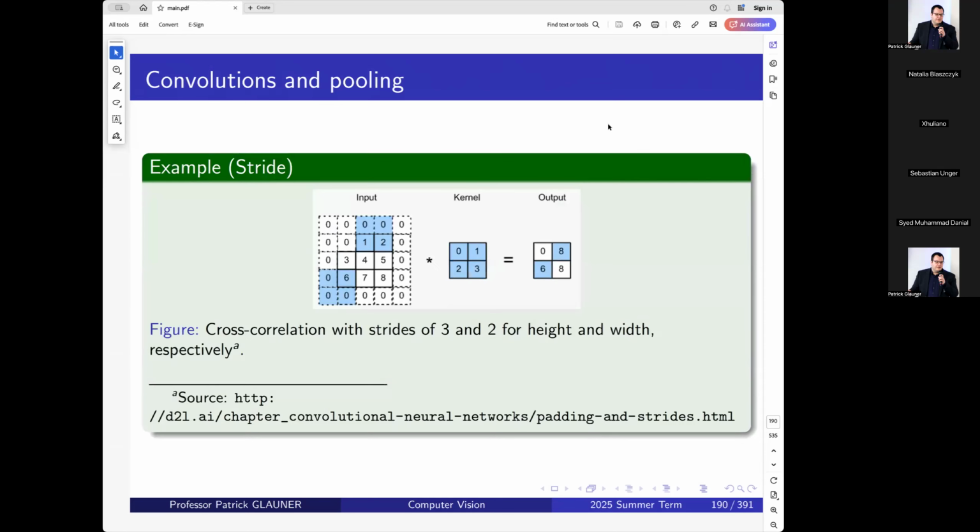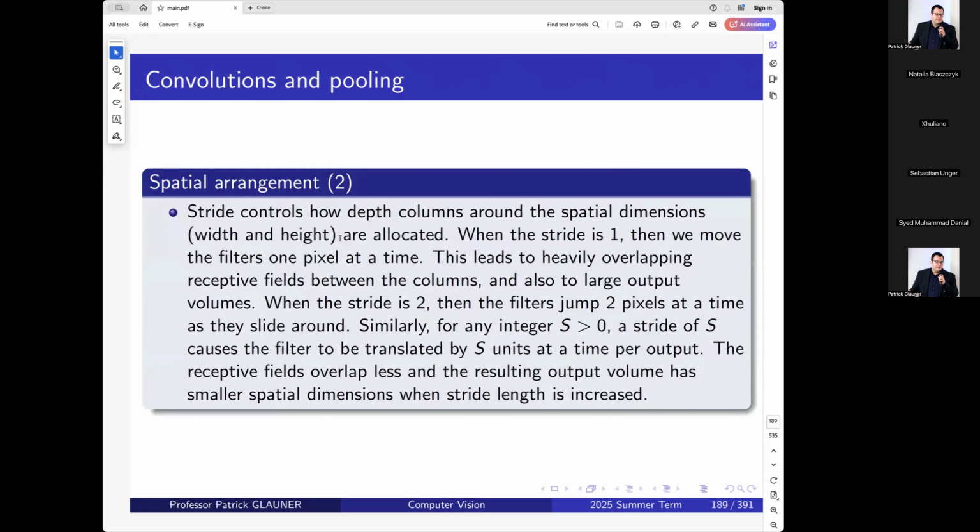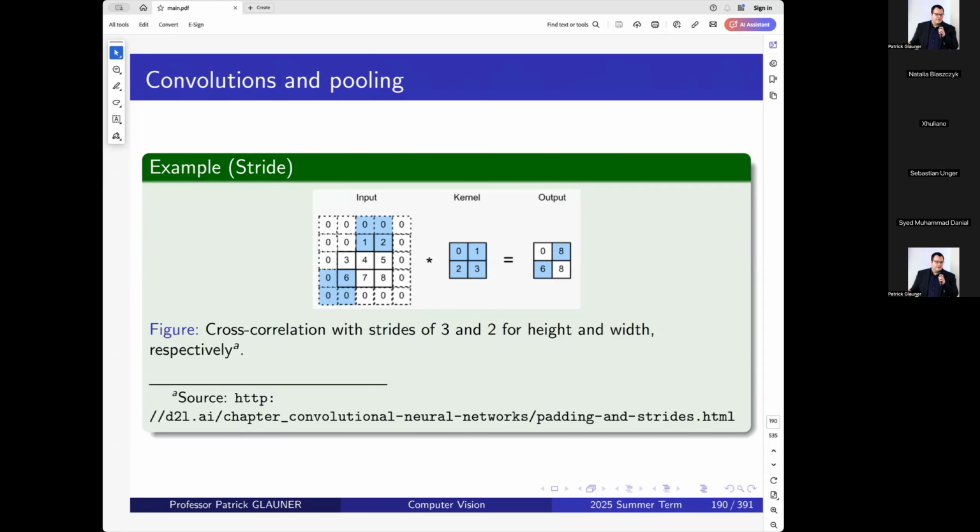What I can also customize, and it's just a lot of text, in essence what I have said, or a different reading for your revision: in addition to these zero paddings, the question is how do I move this kernel around? Before, we said we put the kernel here, then we shift it once to the right, and then we do this for the lower rows.